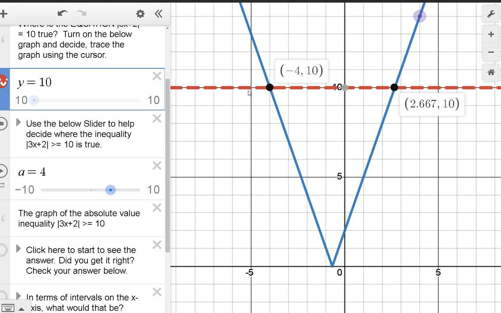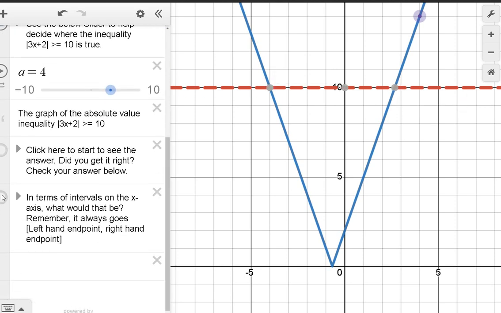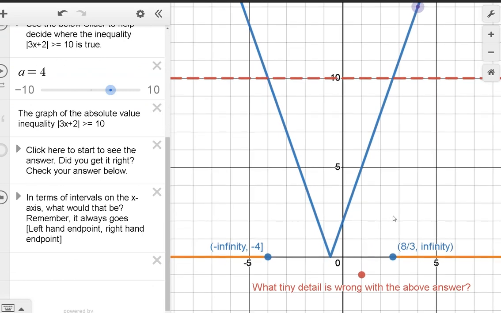So to the right of 8/3 and to the left of -4 on the x-axis. When you write your solution, it's going to look roughly like this. There is a little typo. Maybe if you're watching this later, you can pause the video and figure out what the typo is. Or maybe we'll just do it ourselves and figure out what's wrong with that.